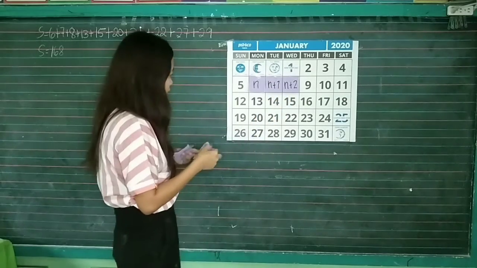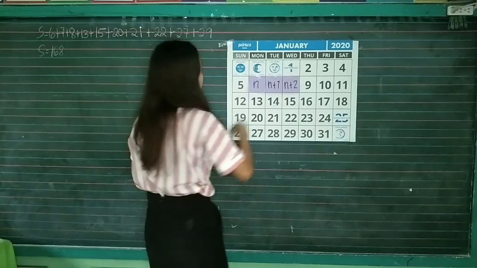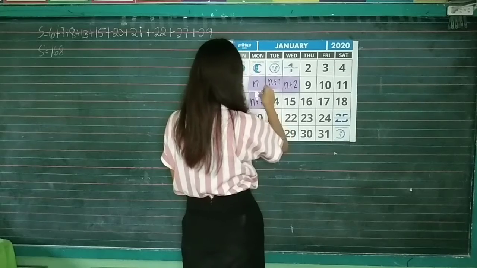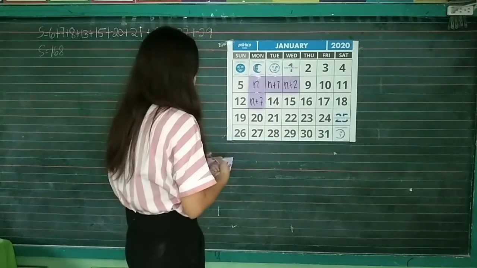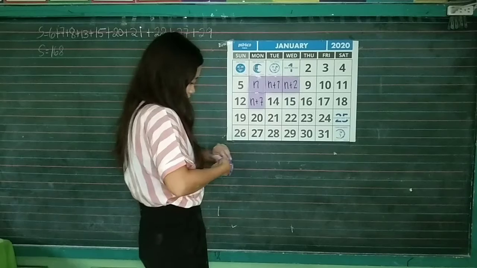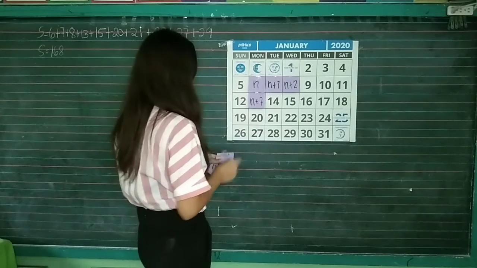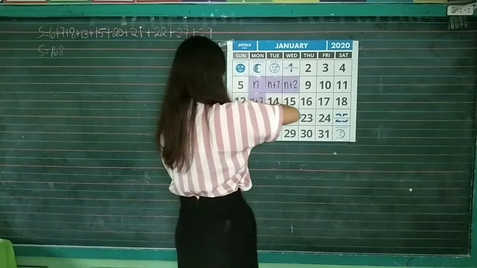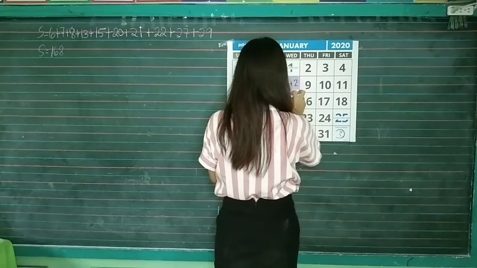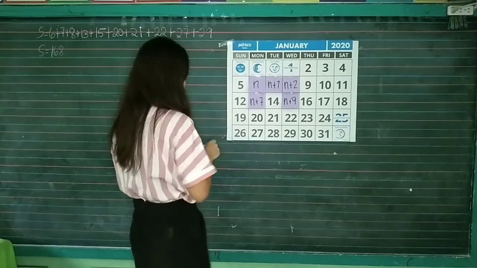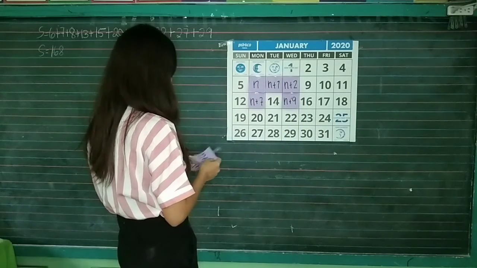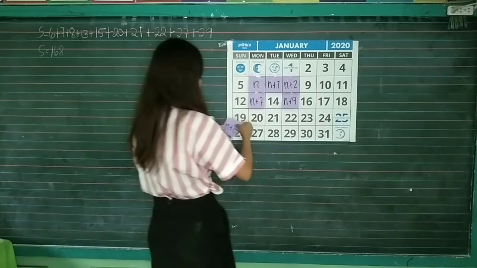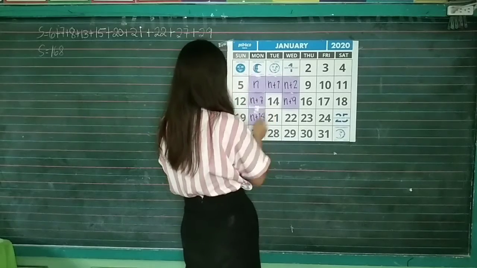Next is 13. 13 minus 6 is 7, so n plus 7. 15 minus 6 is what? 9, correct. So n plus 9. 20 minus 6 is 14, so we have n plus 14.